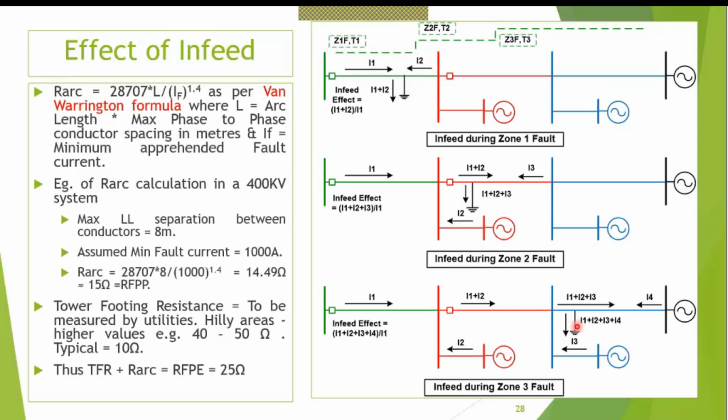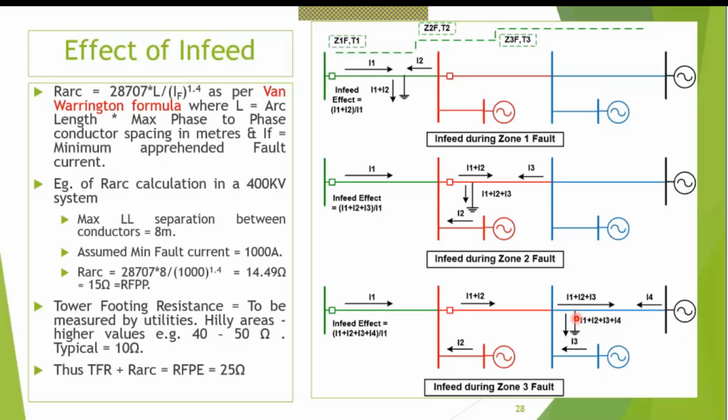Again, if the fault is in the third zone, the infeed effect is much more. You have I2 coming from here, I3 from here, I4 from here. All these four currents are being multiplied by this fault resistance. This relay is seeing I1 plus I2 plus I3, but the zone 3 of this relay is not seeing all these four fault currents, it is seeing only I1.